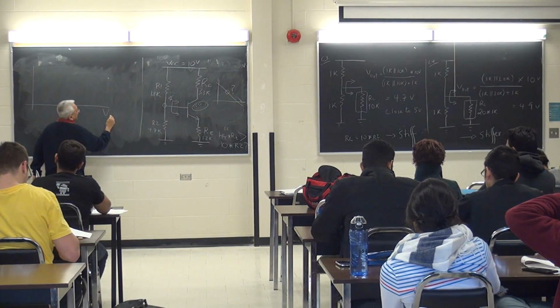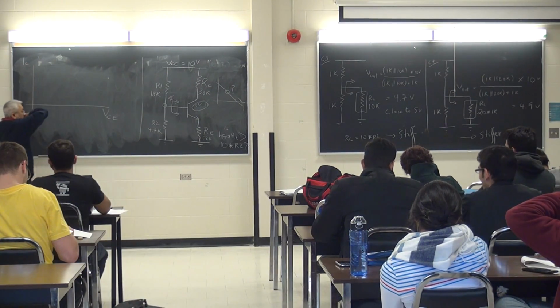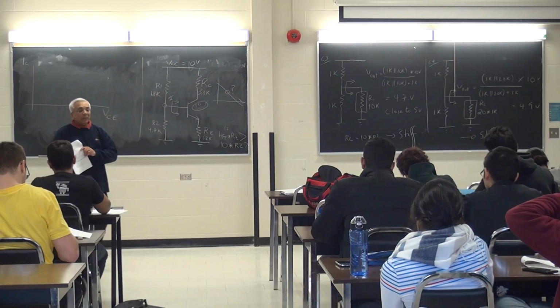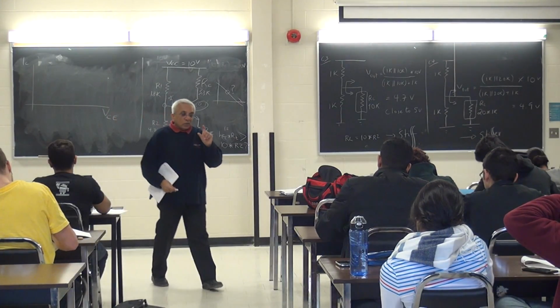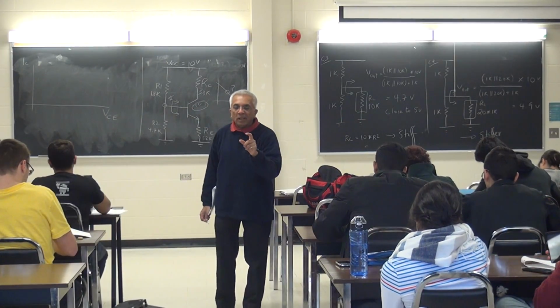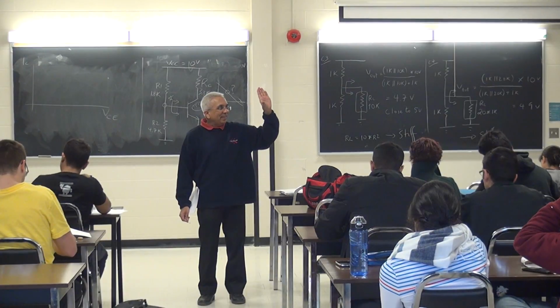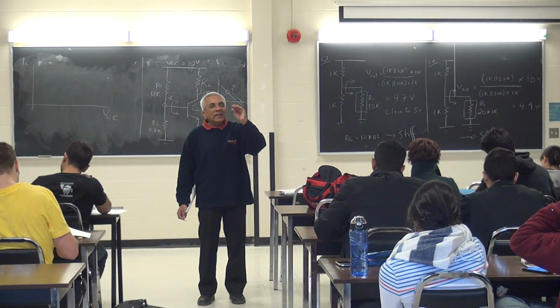X-axis, VCE. Y-axis, IC. Why am I working with VCE and IC? Those are the two important values that determine whether the transistor is fully open, fully closed, or in between.